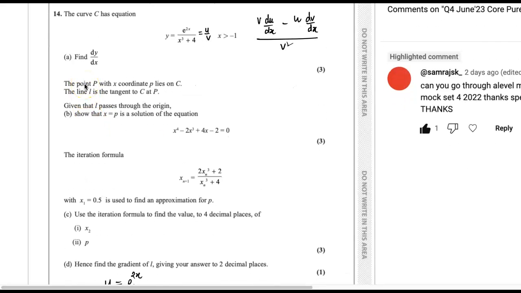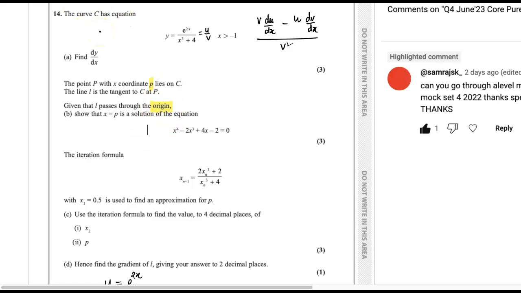Now we have the other part. The point P with x coordinate lowercase p lies on the curve. The line L is tangent to C at P. So we have a curve and line L is tangent to C at P. Given that L passes through the origin, this is good information given to us.